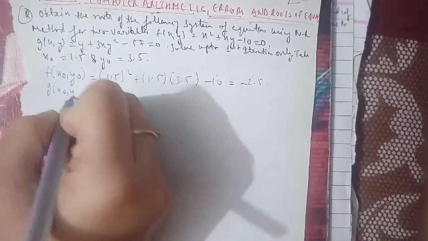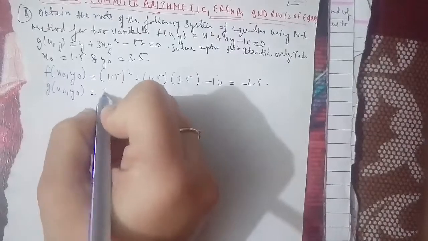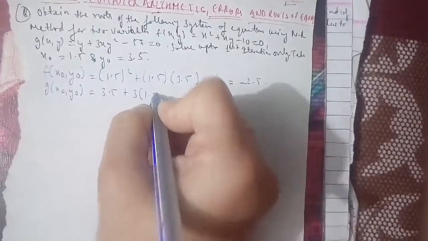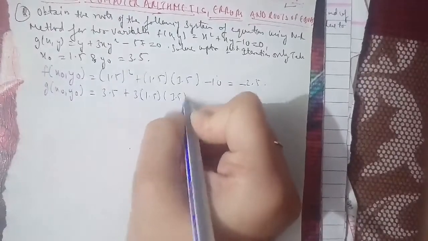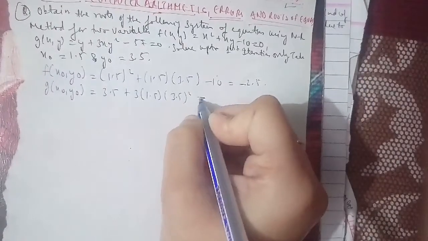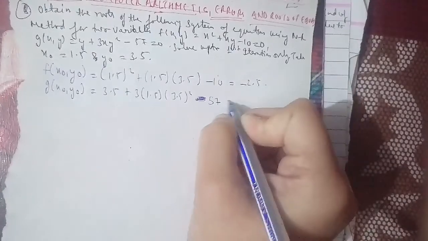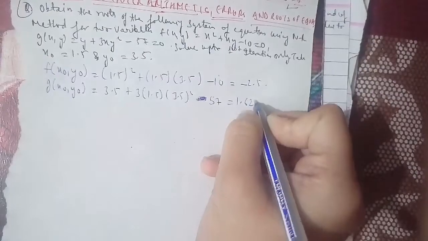Now for g(x0, y0), we put the values: 3.5 + 3 times 1.5 times 3.5 squared - 57, which equals 1.625.